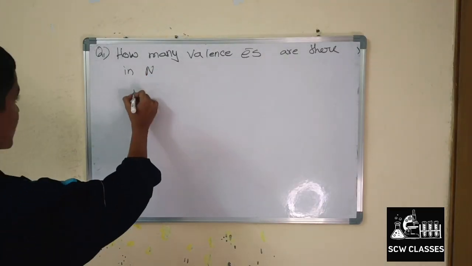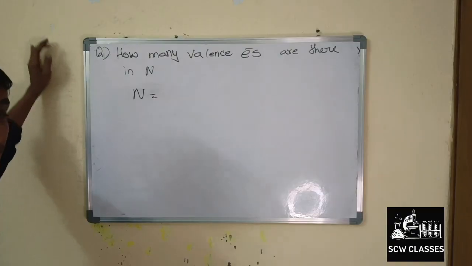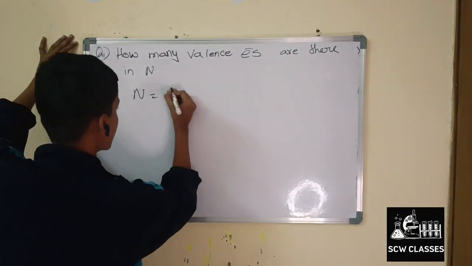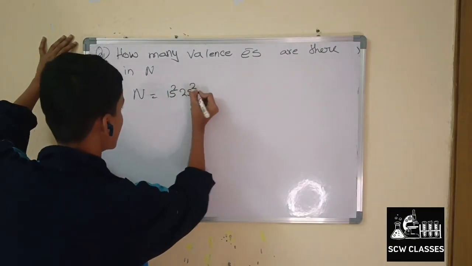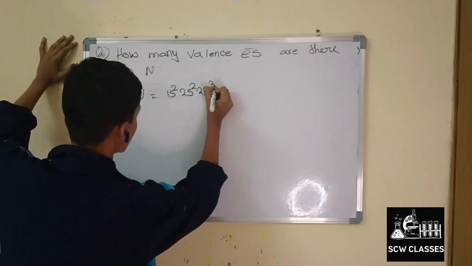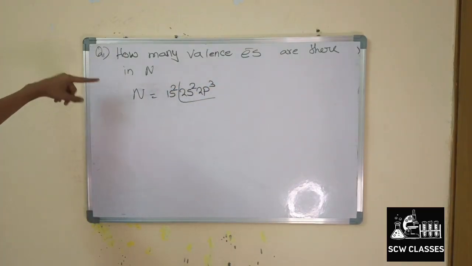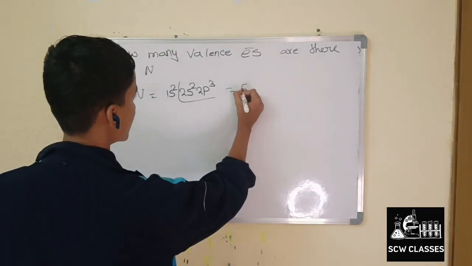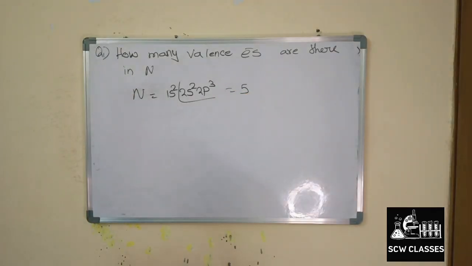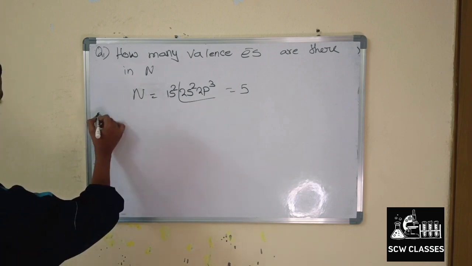First write the electronic configuration of nitrogen: 1s2, 2s2, 2p3. There are 5 valence electrons in nitrogen. Clear? Okay.